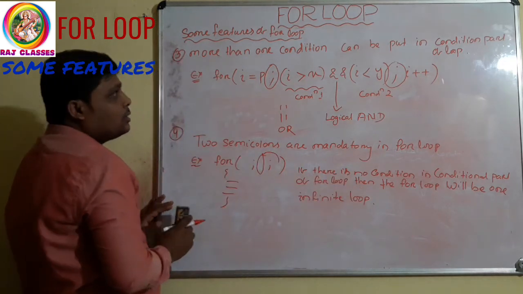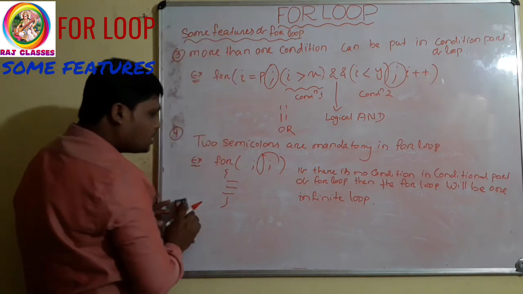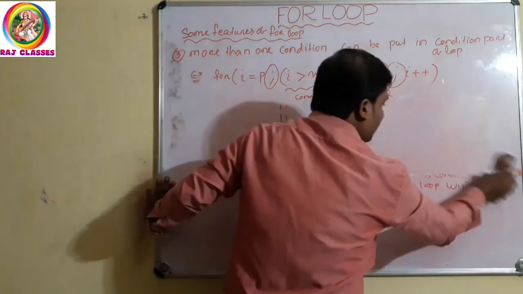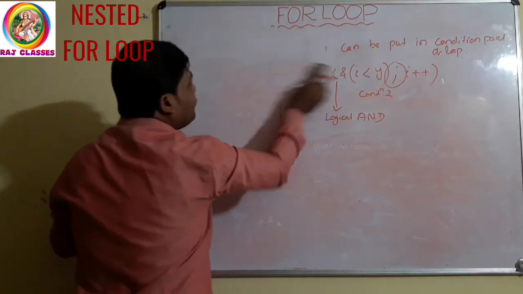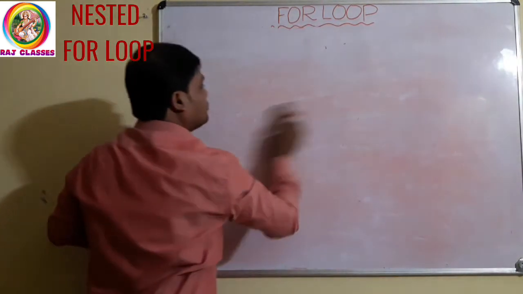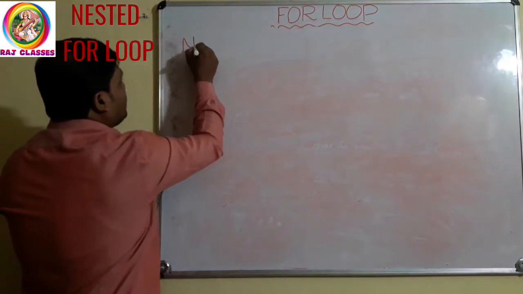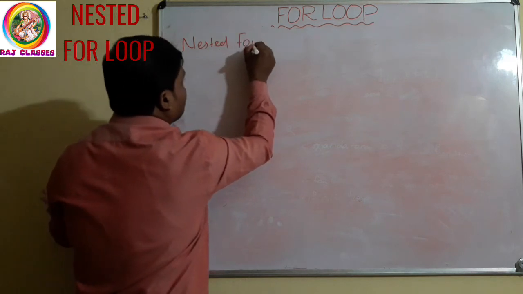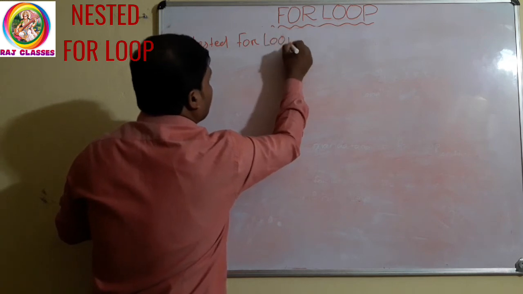Clear? These are the features of the for loop. Now see, the next one is the nested for loop.